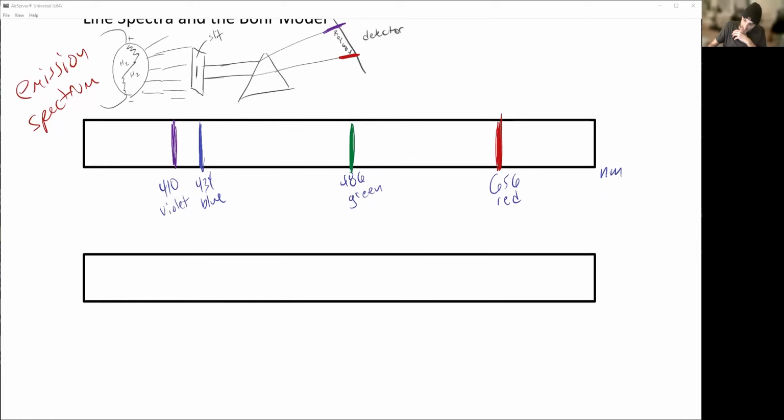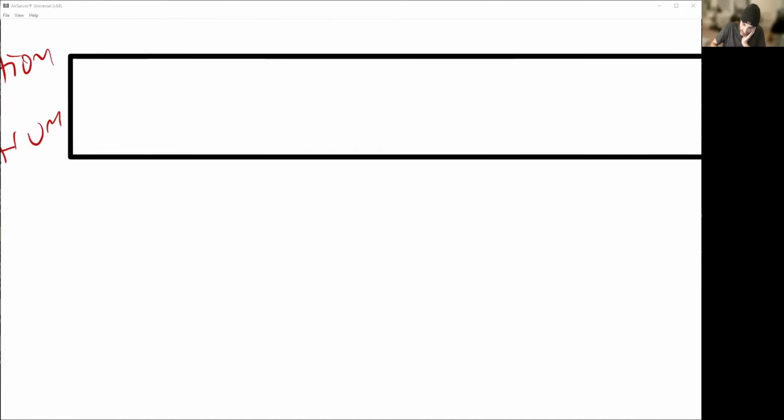Let's take a look at an absorption spectrum then. Let's see if it behaves the same, so we don't have some artifact from something else. An absorption spectrum is going to work similarly. In this case, I'm going to have a white light, just a black body.